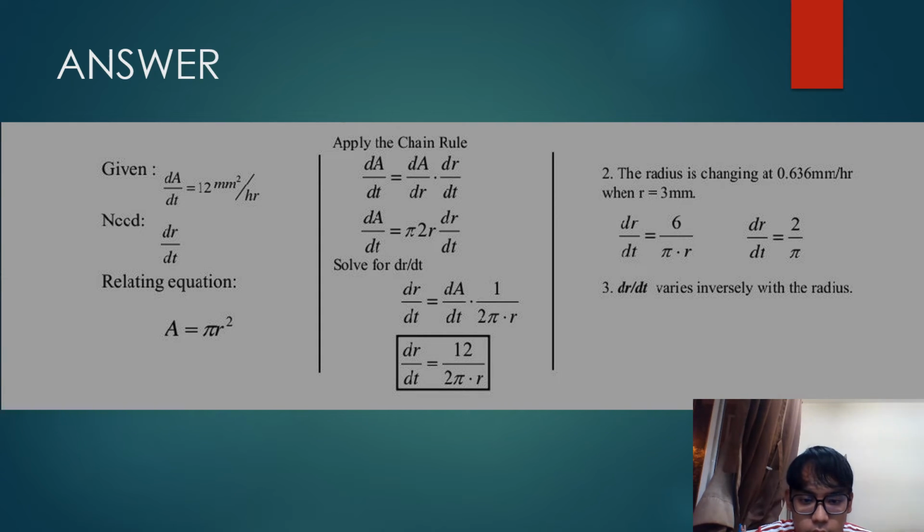So dA over dt is equal to 2 pi r times dr over dt. Since we want to find dr over dt, we can rearrange the equation and get dr over dt is equal to dA over dt times 1 over 2 pi r. Since dA over dt is 12, dr over dt equals 12 over 2 pi r. Simplifying the equation, we get 6 over pi r.